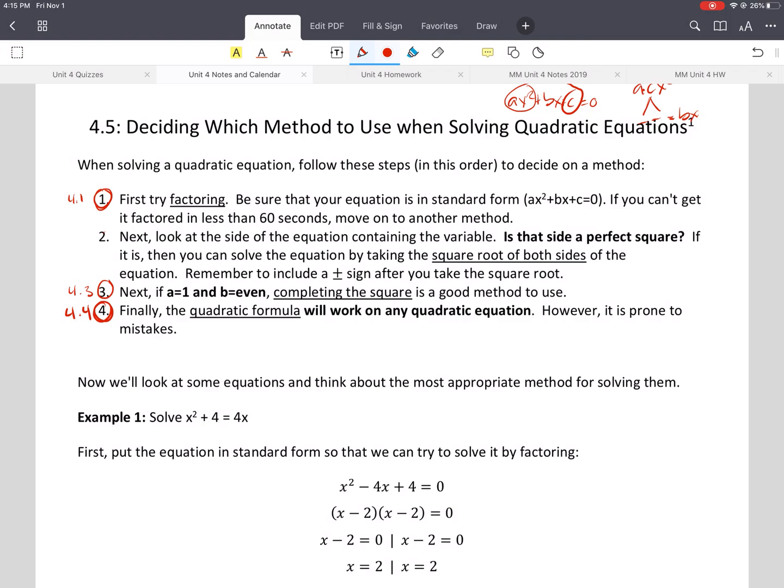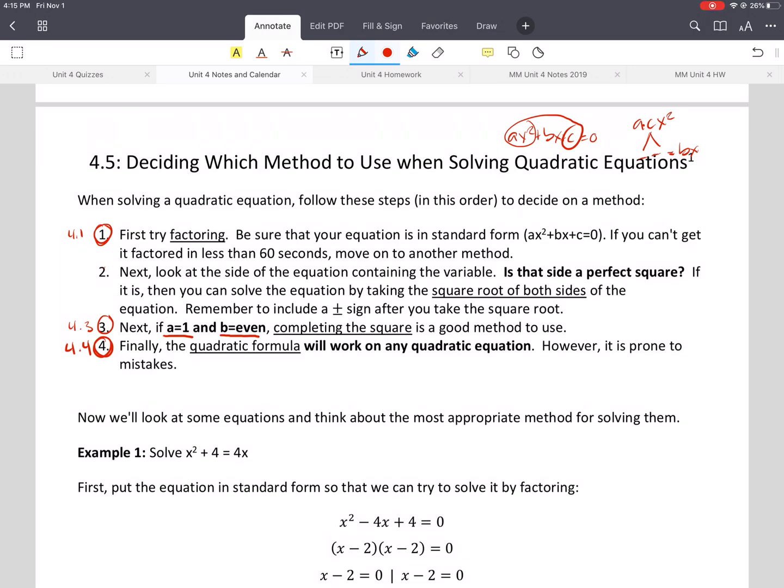If you can't factor, we may want to consider completing the square. But I would only try completing the square when a is 1 and when b is even. When I talk about a and b, again, we're talking about ax squared plus bx plus c.